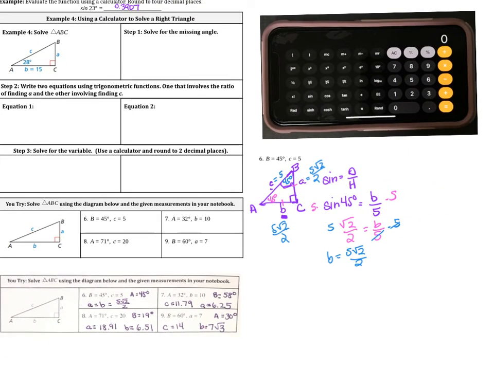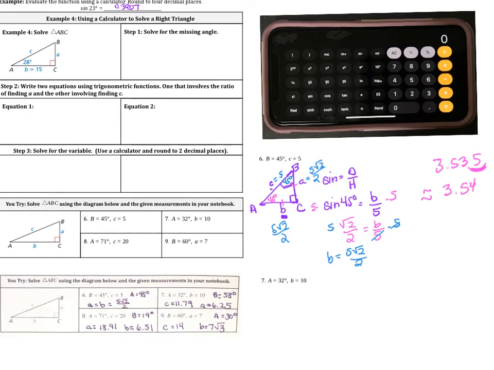You would type in 45, then sine times 5 equals, and you would get 3.535, so you would get 3.54 approximately. Okay, so for number 6, hopefully that helps you out. I just use the special right triangle properties for that, just because that is more exact.